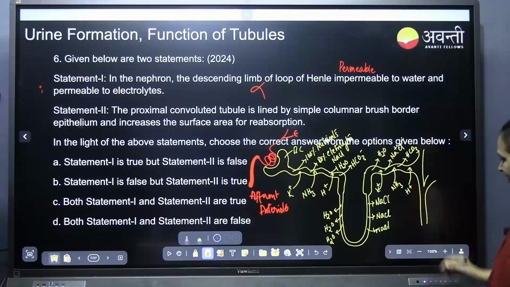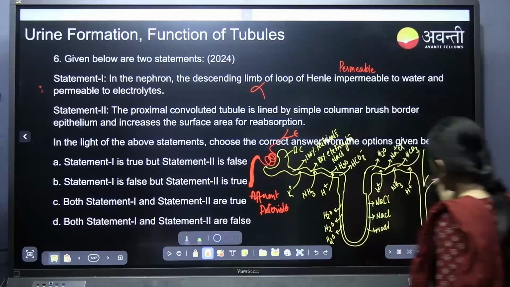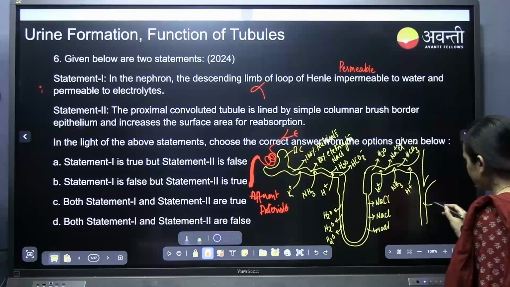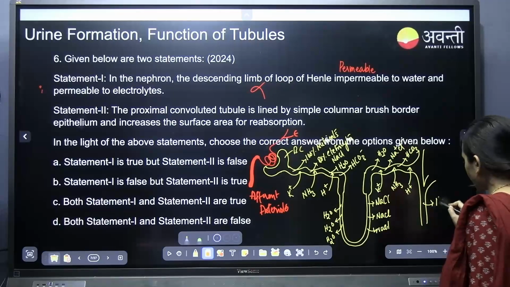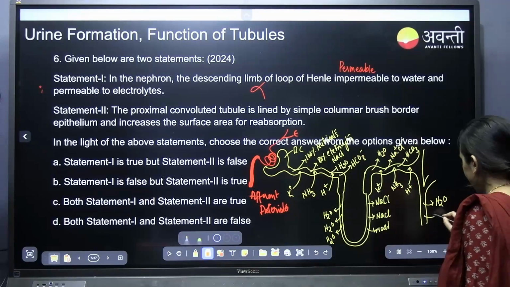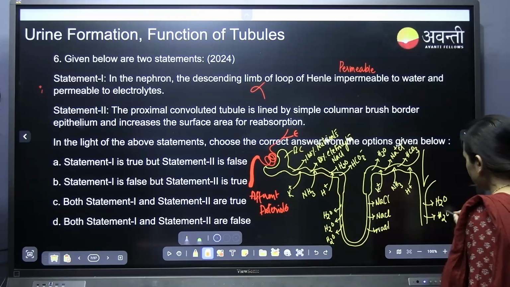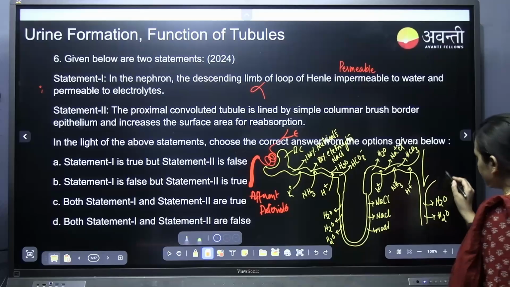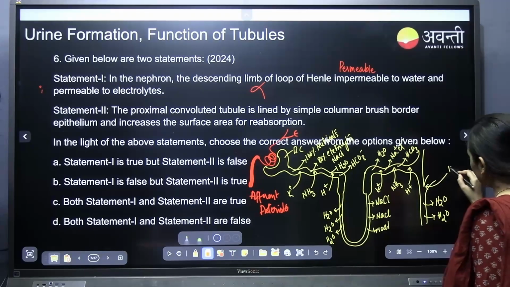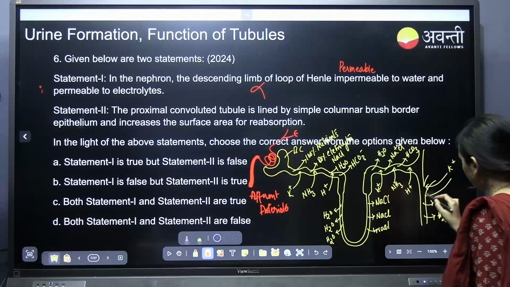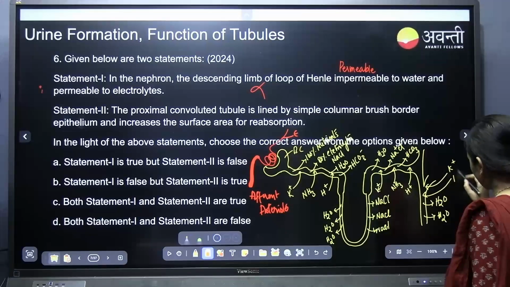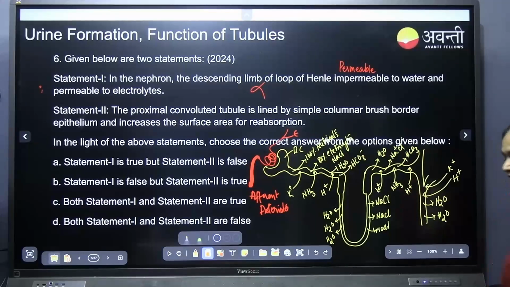Now coming to the collecting duct. In the collecting duct, excess water will be reabsorbed. If there is any excess K plus, potassium ions, or H plus, hydrogen ions, they will be secreted into the collecting duct.